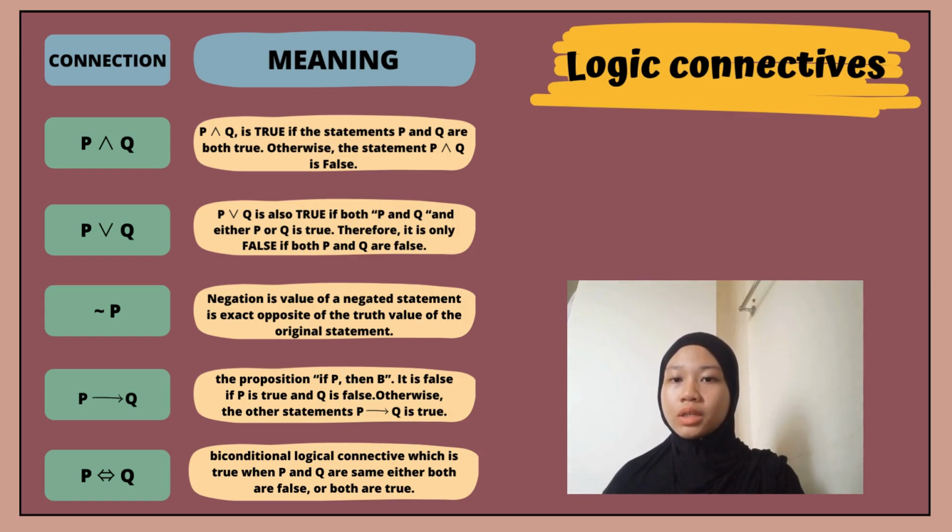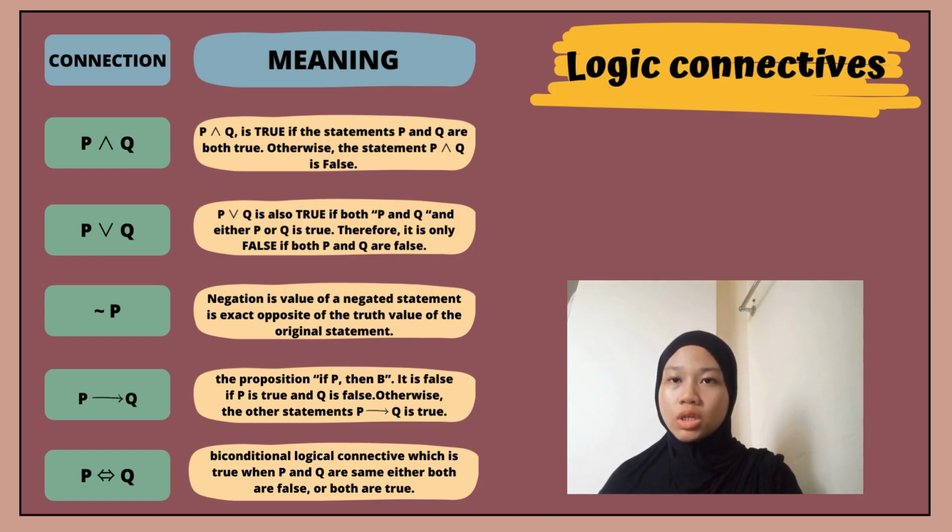The third connective is the negation. There is not. Negation is the value of the negated statement, which is exactly the opposite of the truth table of the original statement. The fourth connective is the implication.